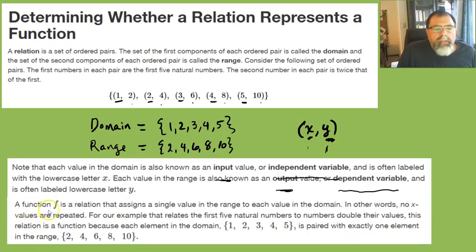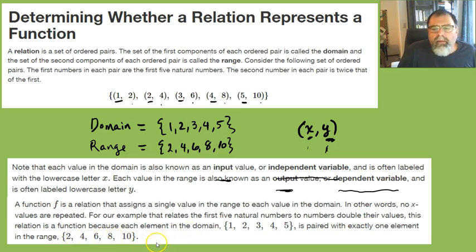And then a function f is a relation that assigns a single value in the range to each value in the domain. In other words, no x values are repeated. So for our example that relates the first 5 natural numbers to numbers double their value, this relation is a function because each element of the domain, 1, 2, 3, 4, 5, is paired with exactly one element in the range, 2, 4, 6, 8, 10.